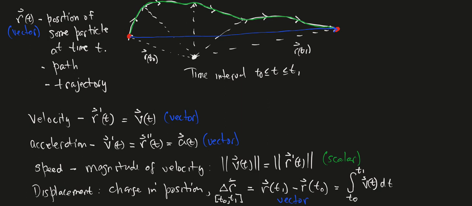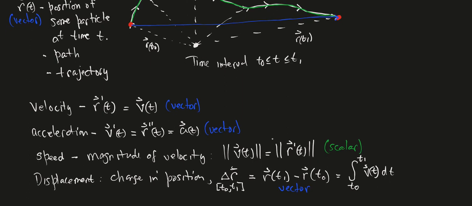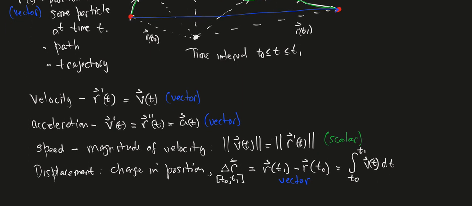And again, this is all based on two things: the relationship between position and velocity, and our fundamental theorem, right? So this assumes that our velocity function is integrable, and all the velocity functions that we're going to be working with will fall into that category, right? So that's displacement. The last quantity that I want to mention now is distance traveled.